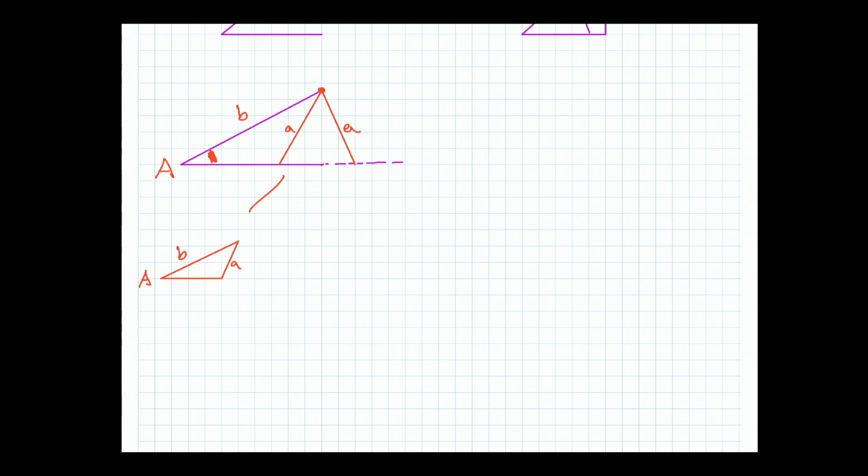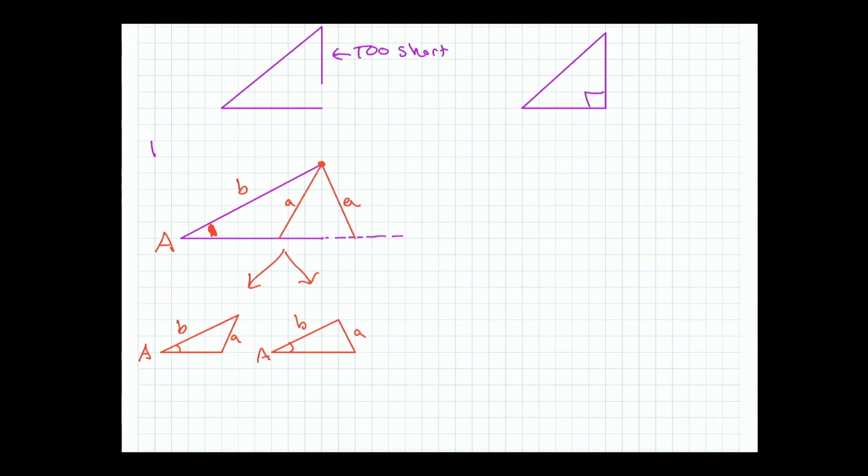So it is side-side-angle, whereas the other one is like this, and the angle can still be the same, the B can be the same, and the A can be the same, and it's still a completely different triangle. So you have two triangles that actually match the information that they give you. So two triangles match. Two triangles match the information that they gave you.